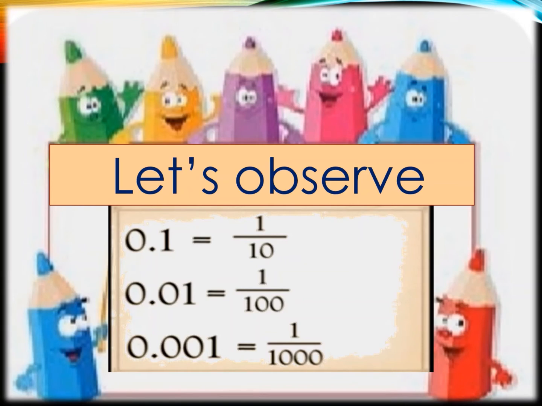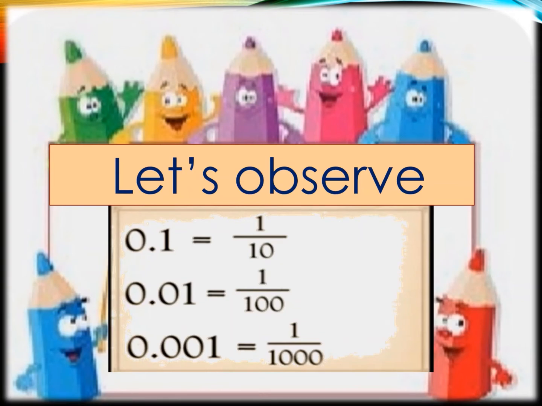In the next one, 0.01. From the right hand side, decimal at two places, 10 and 100. So we can say it is 1 upon 100. Next is 0.001, which is equal to 1 upon 1000.